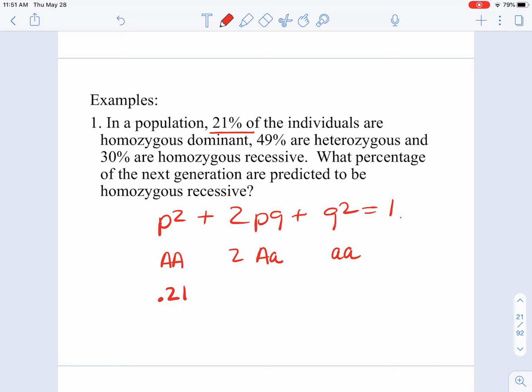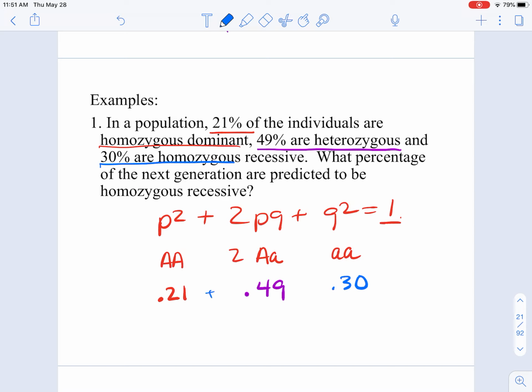If 21% are homozygous dominant, we know that we're going to put the 21 here. And you notice I'm putting 0.21 because they all have to be a number between 0 and 1, because they're adding up to 1, not 100. So the 21% is stated as 0.21 for your homozygous dominant. Then it says 49% are heterozygous. So you put your 49% here. And then it says that 30% are homozygous recessive.